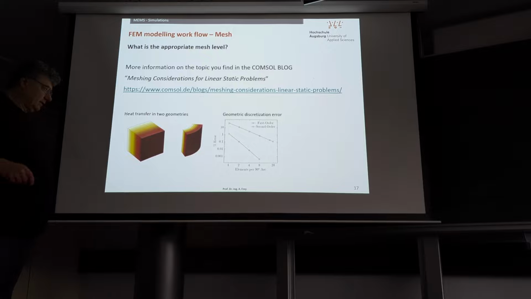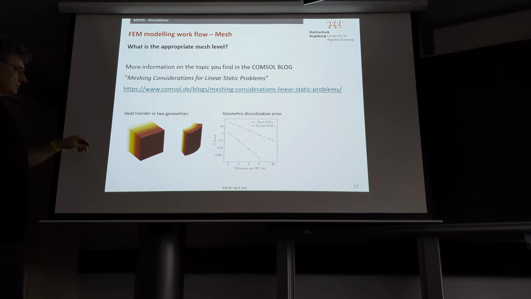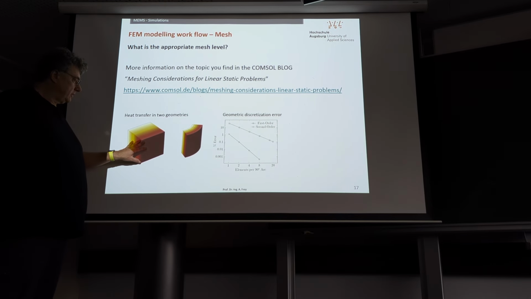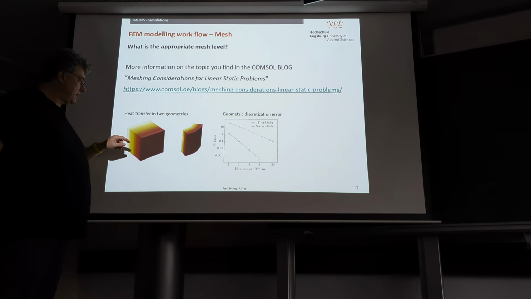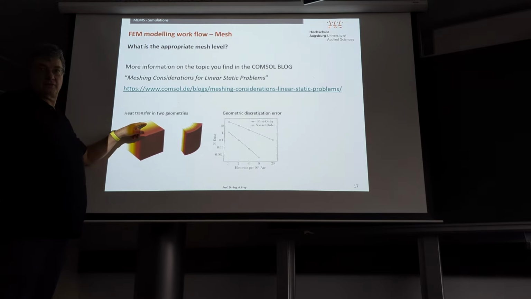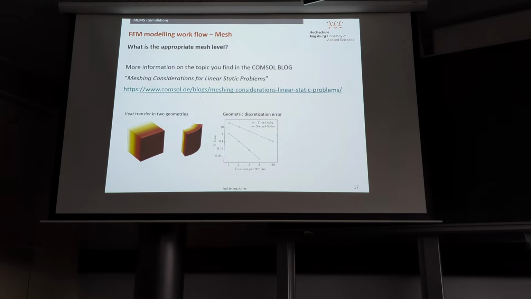In a situation for such a cube, and then for a part of a cylinder or whatever that is, a curved geometry, it turns out, if you analyze the problem, that for the cube you basically just need a mesh which provides information on the corners of that cube. From that information, you can calculate the temperature in a very precise way. So you need only a very coarse mesh.